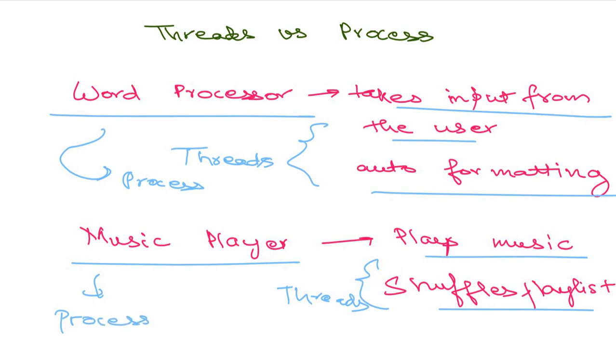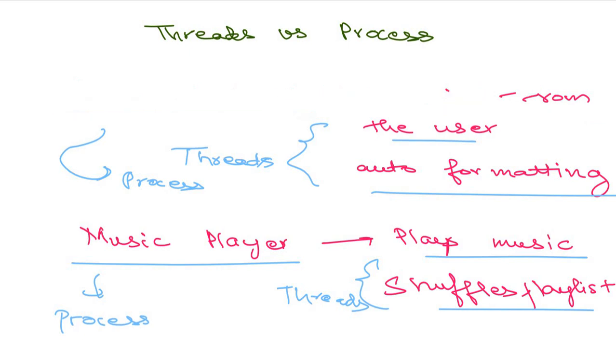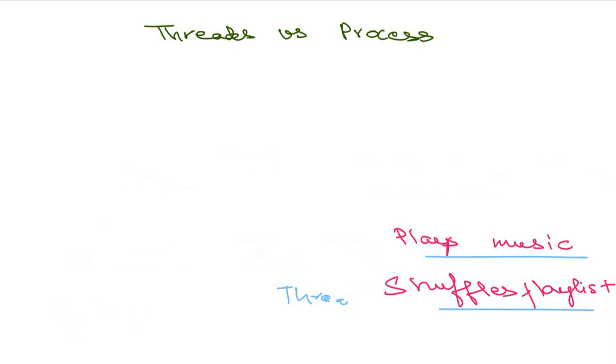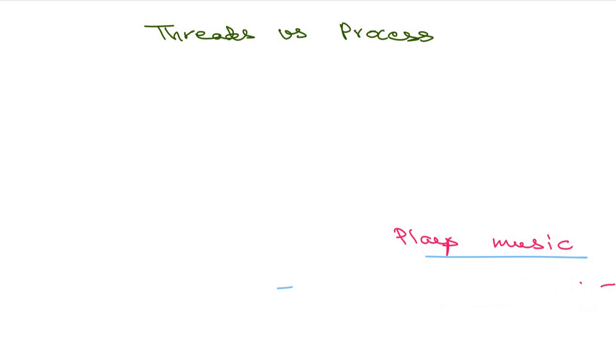Now let us understand the difference between two commonly used terms when we're talking about threads or process, that is concurrently and parallelly. So what's the basic difference between concurrently and parallelly?